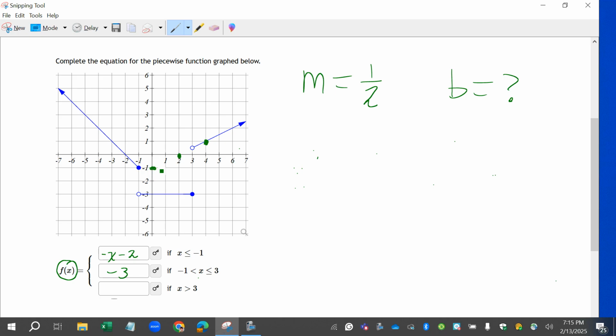By doing that, I have now figured out what the y-intercept would have been if this line were to have continued on. So I got a -1 for my y-intercept. So now I know the answer that goes in that last box is going to be 1/2 times x minus 1.